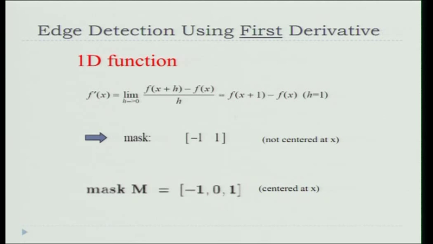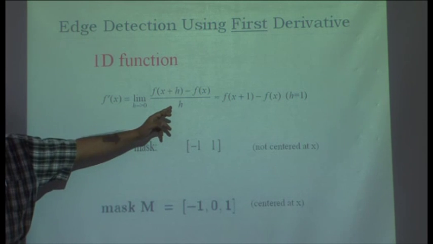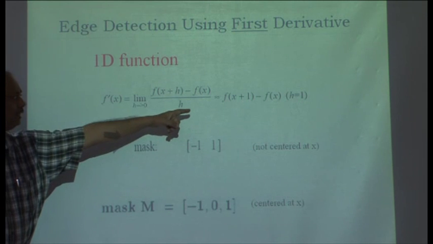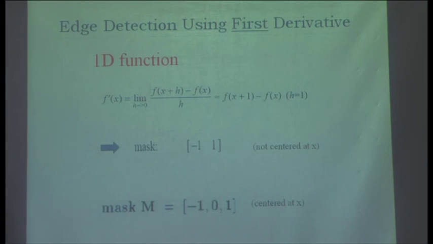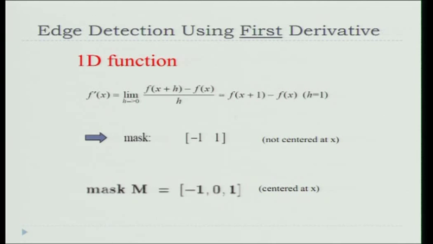Now, let us consider a one dimensional edge, because an image is a 2-dimensional picture, but let us consider it as a 1-dimensional image. In that case, I have to obtain the first derivative, which is a straightforward formula, and you get f(x+1) minus f(x) if h is equal to 1. So, the mask becomes minus 1 and 1.